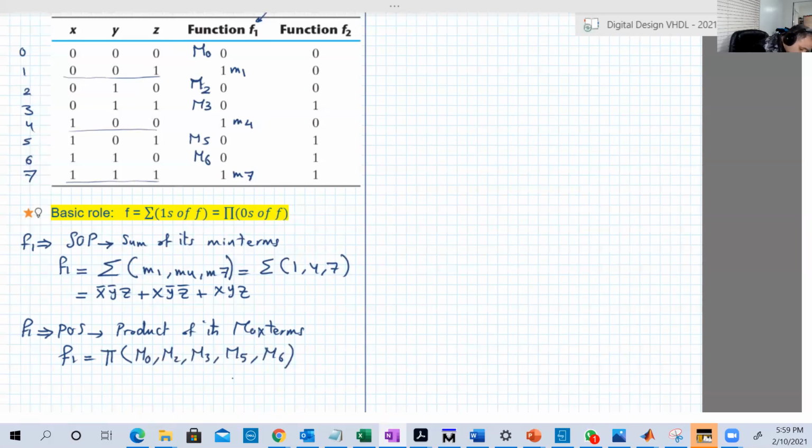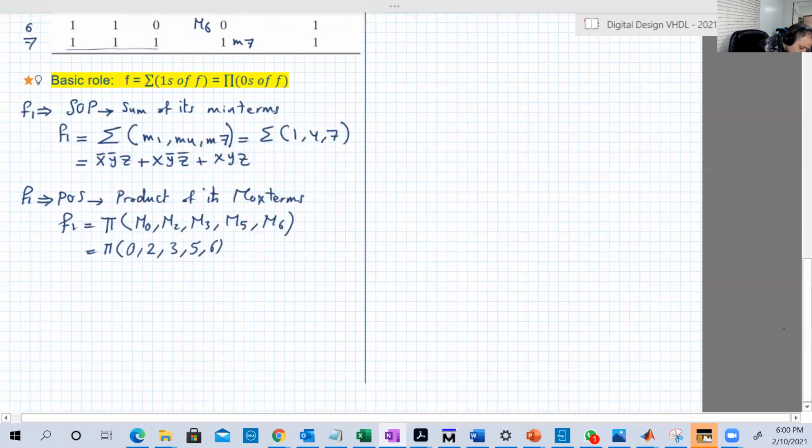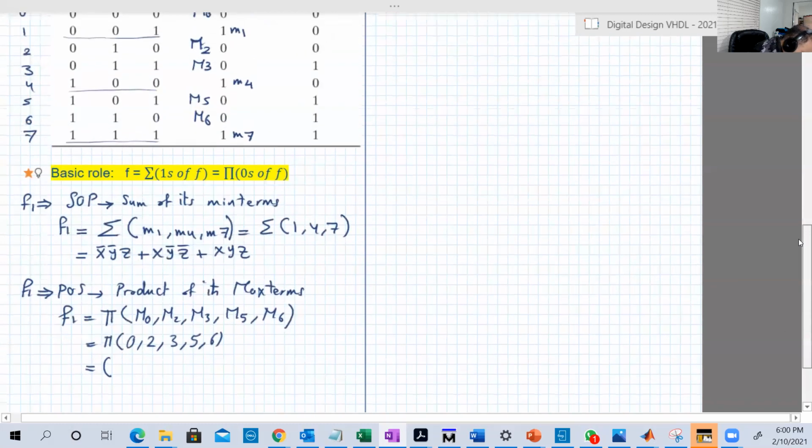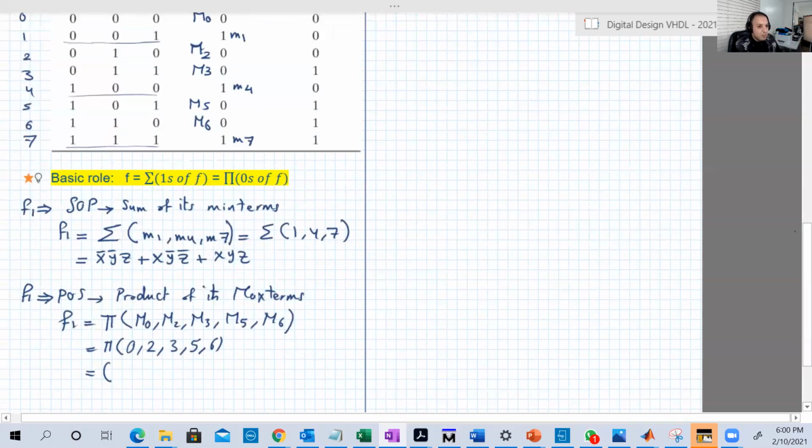Of course, you can write them as follows: 0, 2, 3, 5, 6. Now, when you write the maxterm, you take the literal as it is if you find a 0.